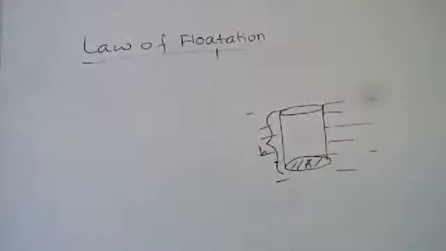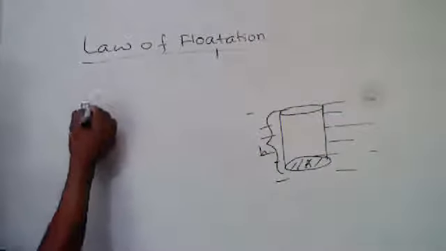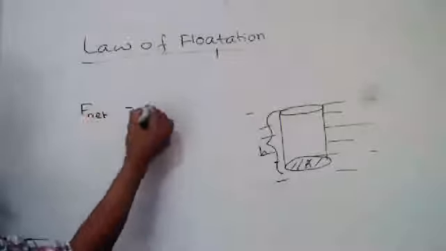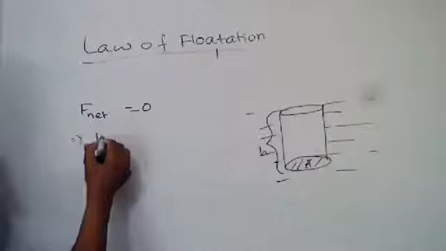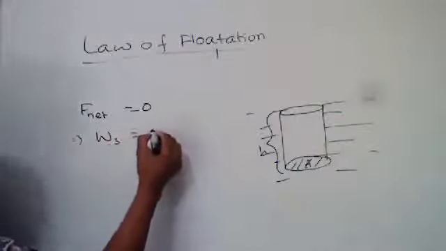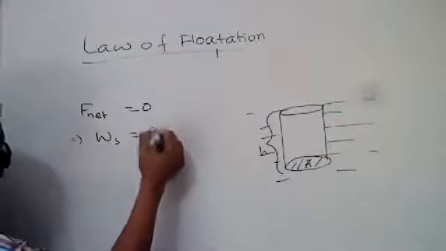According to the condition, we know F net will be 0. F net equals 0 means the weight of the object equals the buoyancy.